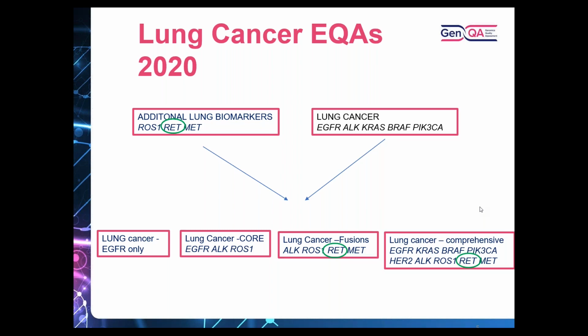We offered an EQA that only looked at fusions, so for ALK, ROS, RET, and then also MET amplification or exon 14 skipping. And then we offer a comprehensive EQA, where we looked at the most clinically relevant biomarkers for lung cancer testing.